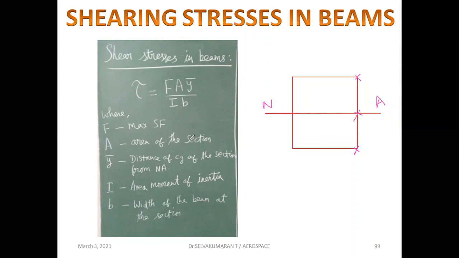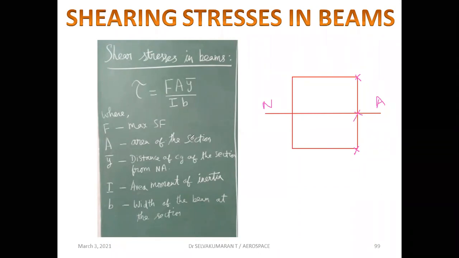For example, for a simply supported beam subjected to a point load at the middle, W by 2 is the maximum shear force. Like this, you can remember it. Simply supported beam with UDL: WL by 2. Cantilever beam subjected to point load at the tip: W is the maximum shear force. Cantilever beam subjected to UDL throughout the span: W into L is the maximum shear force.